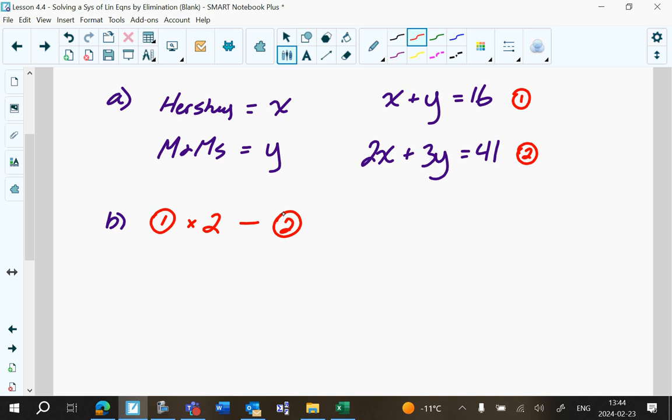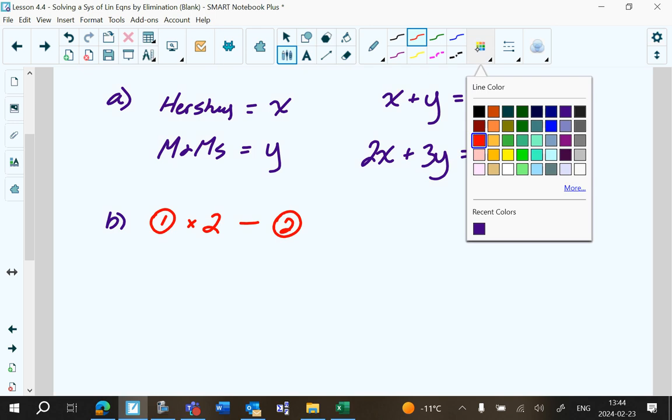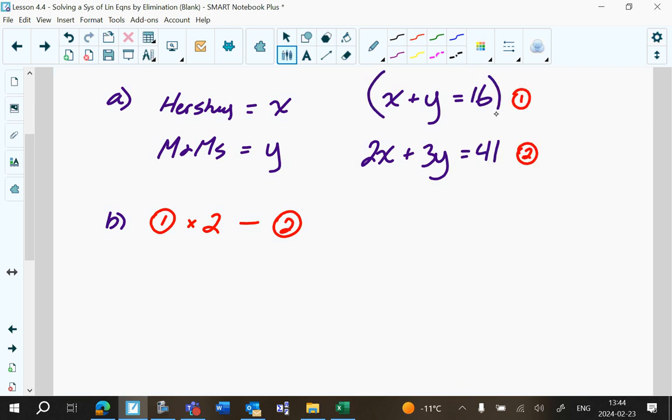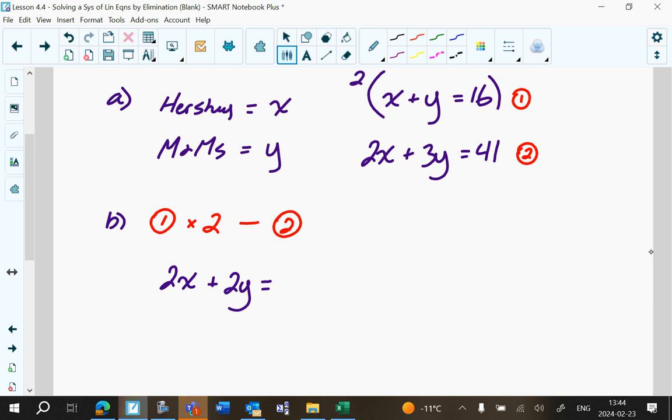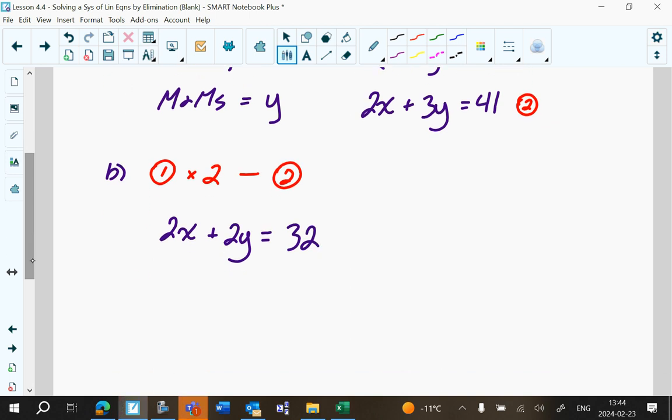So we're going to multiply this by 2. What does it look like? Okay, and then we're going to subtract equation 2.